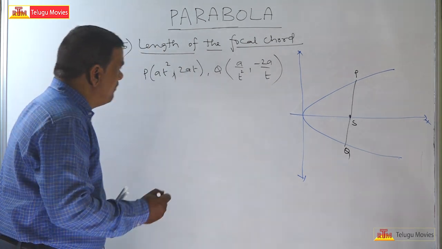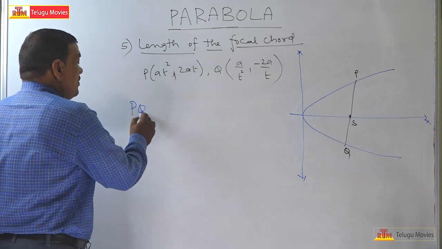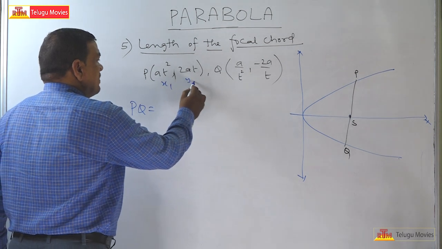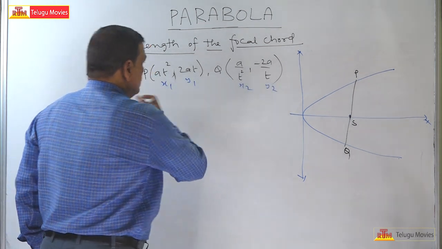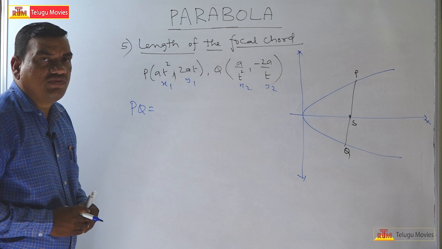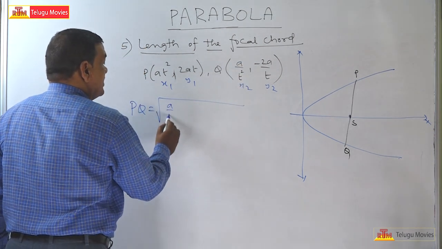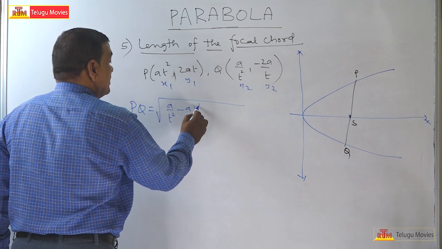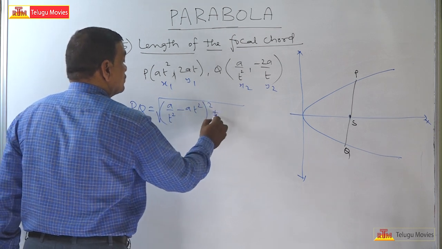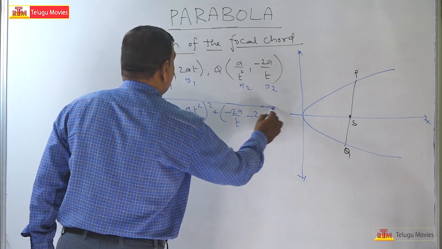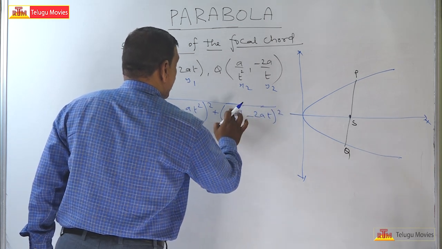Now I want to find out the length of the focal chord, that is PQ. General formula: x1, y1, x2, y2. The distance between two points formula, the distance formula: under square root of (x2 minus x1) whole square, that is (a by t square minus at square) whole square, plus (y2 minus y1) whole square, that is (minus 2a by t minus 2at) whole square.